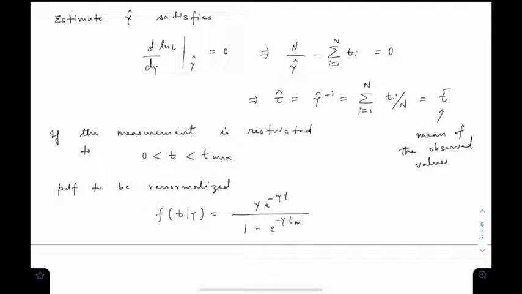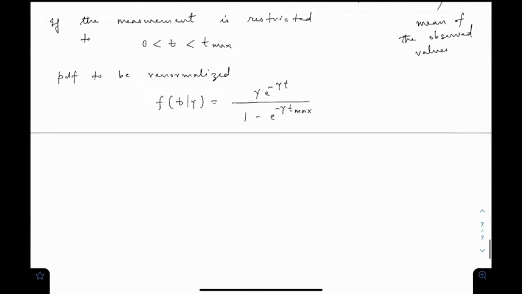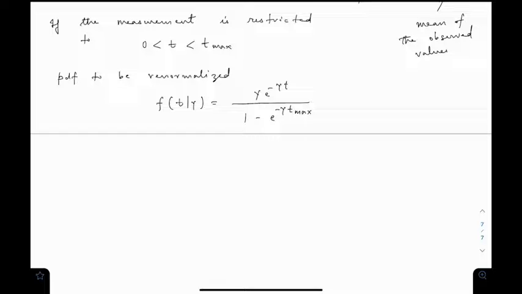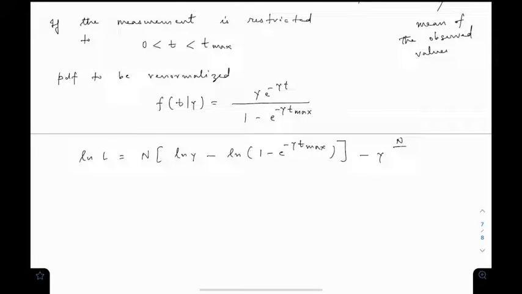In such a case, the log likelihood is n times the log of gamma minus the log of 1 minus exponential of minus gamma times t max, and we subtract this from gamma times the sum from i equals 1 to n of ti. The maximum is now located at the estimate that fulfills a relation like this.